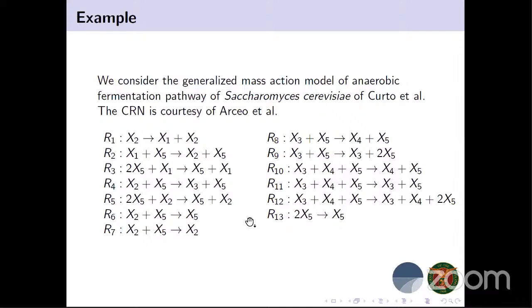We consider the generalized mass action model of the anaerobic fermentation pathway of Saccharomyces cerevisiae of Curto et al. The CRN is courtesy of Arceo et al. So this is Dr. Arceo of IMath. We have these 13 reactions, which were based, of course, on the given model that we have seen earlier.